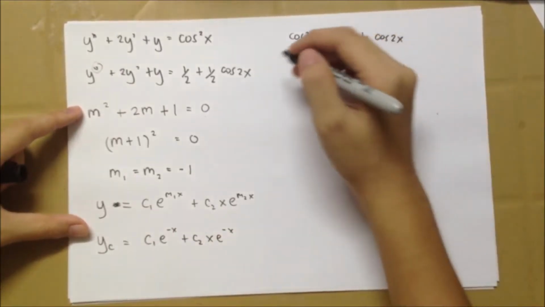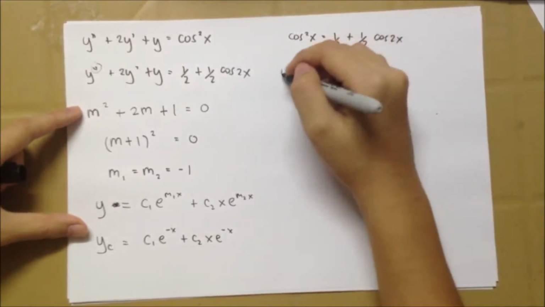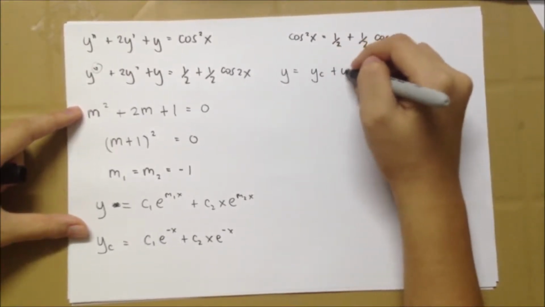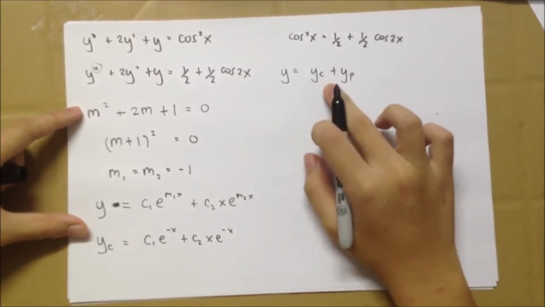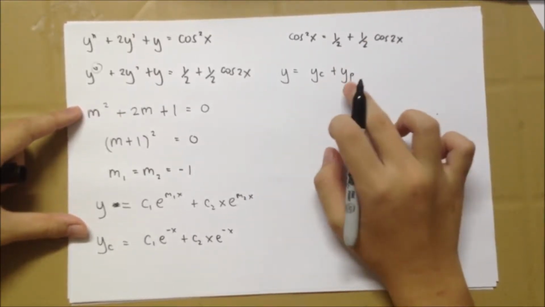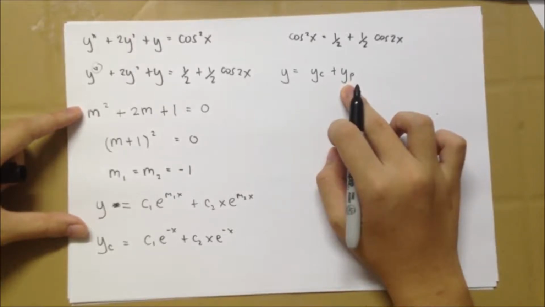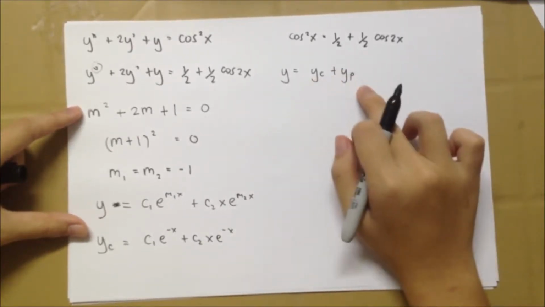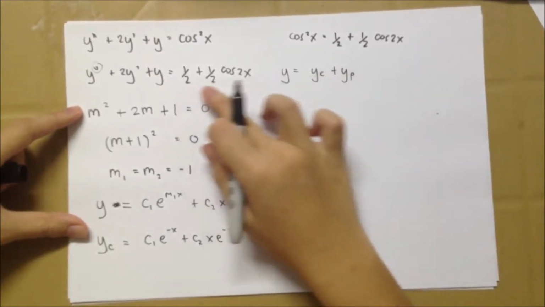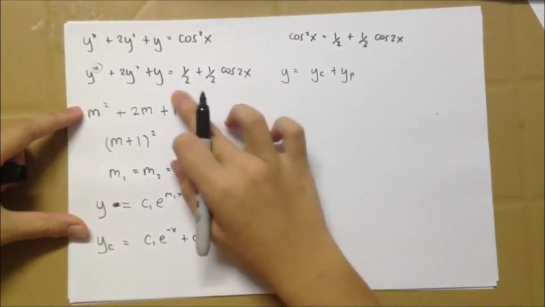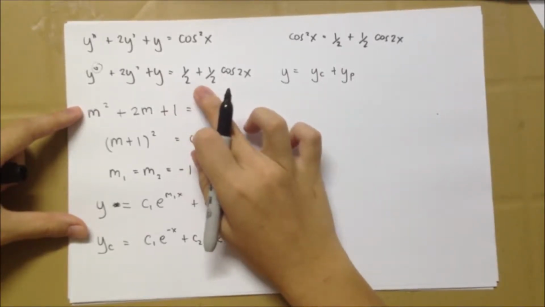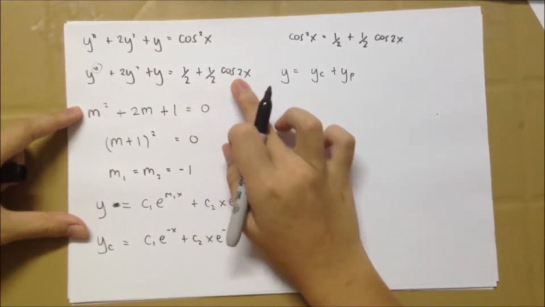Now recall that the complete solution of our differential equation is composed of y, which equals yc plus yp, where yc corresponds to the solution for your homogeneous part and yp is a particular solution. The form of your yp depends on the form of your non-homogeneous part. Observe that our non-homogeneous part is composed of a constant plus another constant times a cosine function.